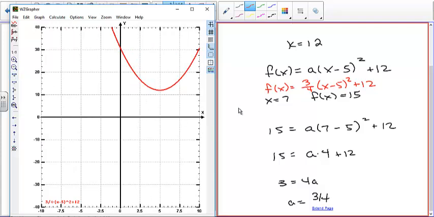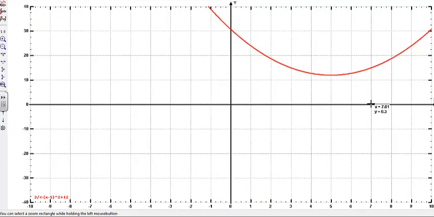So what this is saying is that the vertex is at 5, 12, and it said at x equals 7, so let me just make this a little bigger. x equals 7, y should equal 15, which it does. So there you go. And because 7 is 2 more than 5, if you go this way, this should also be the same, 15, from symmetry.